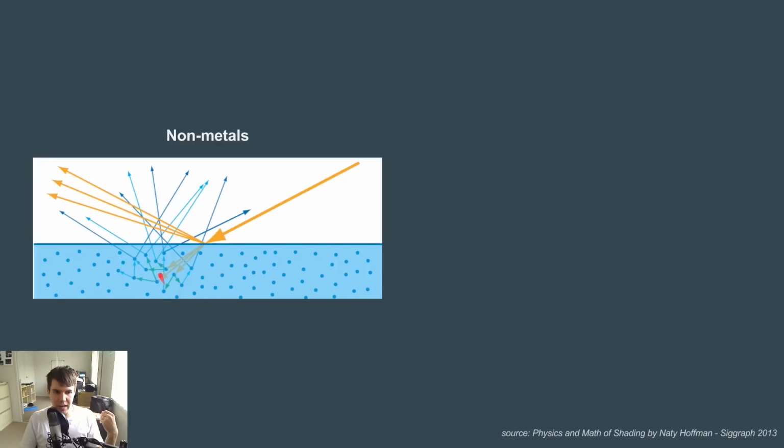So that's these little green arrows coming out here, and then some of them are making their way out of the surface. The ones that make their way out, that's actually what you see when you see diffuse. So everything in the diffuse channel is made up of the refraction and the scattering of the light. That's the diffuse. Okay, so this is a standard non-metal. This is how all non-metals work.